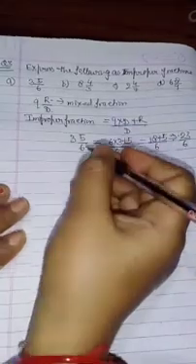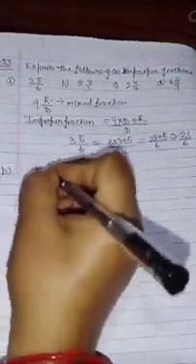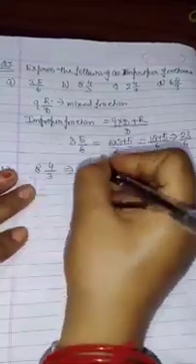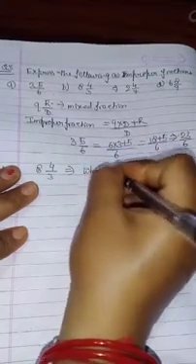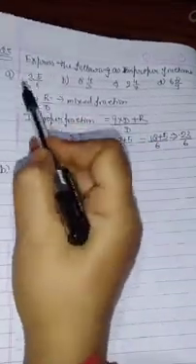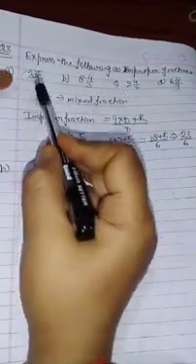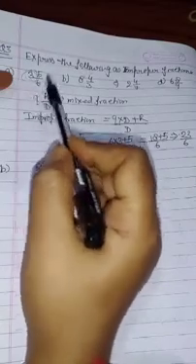Okay, now see, part B: 8 4 upon 3. So how will you do it? 8 is a whole number. These numbers are known as whole numbers, and along with the whole number there is one fractional part, in the form of a mixed fraction.